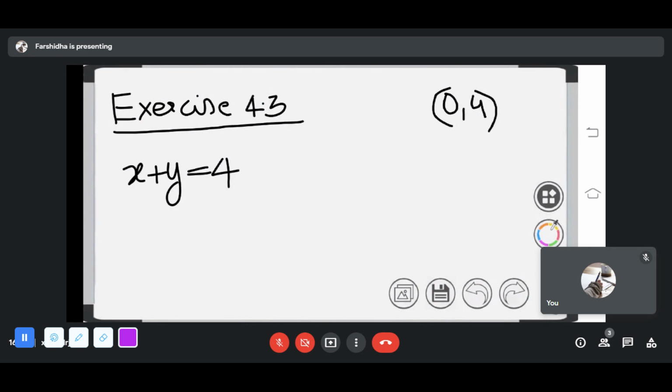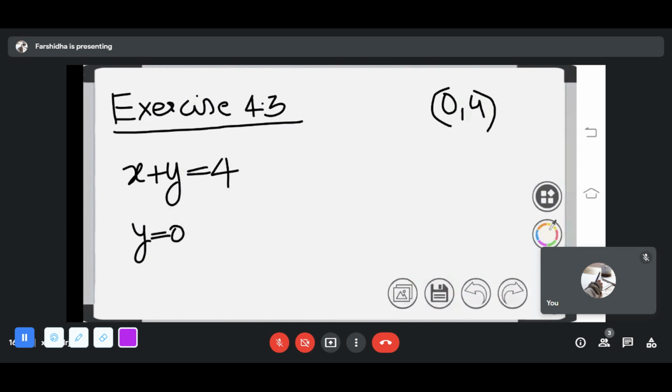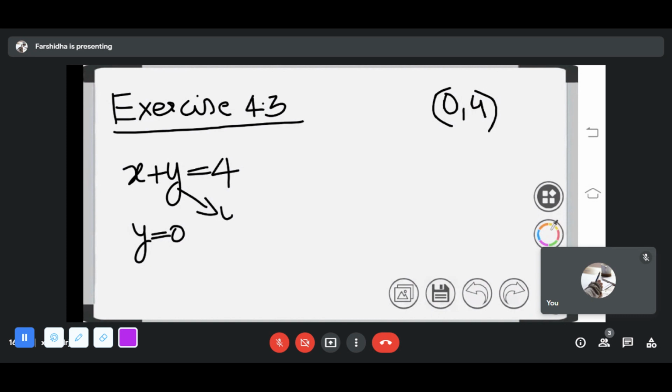Now you will put y is equal to 0 and see what is the value of x. When I put y is equal to 0, x is equal to 4. This is your second point, (4, 0). So the first number represents the x value, the second number represents the y value.